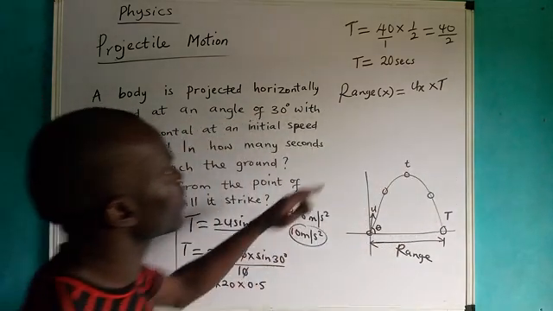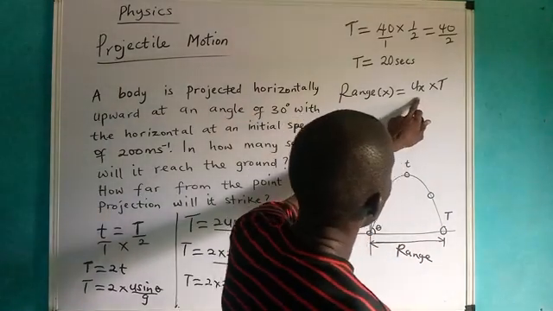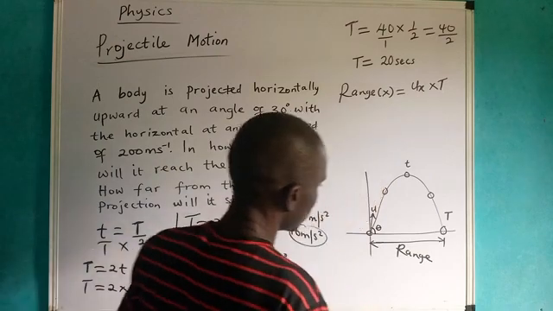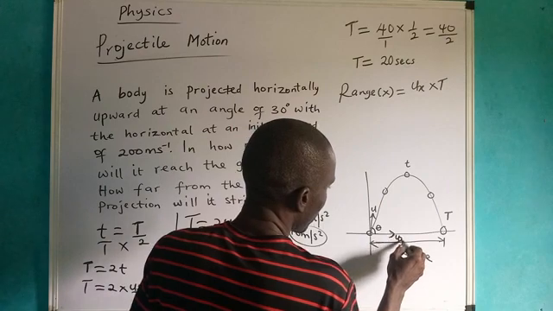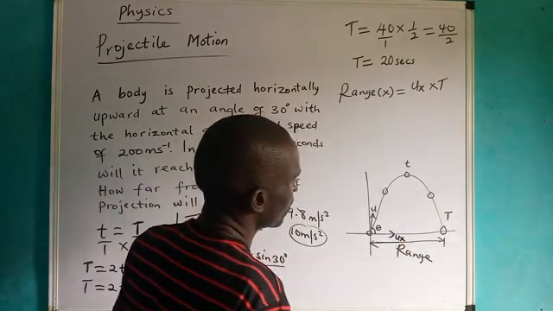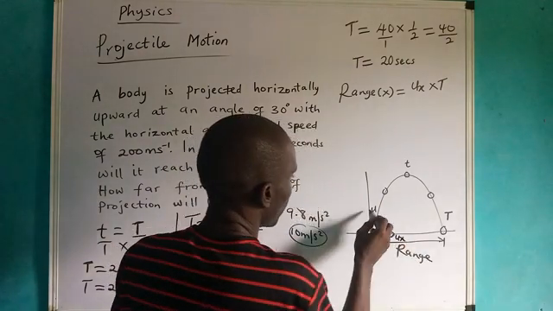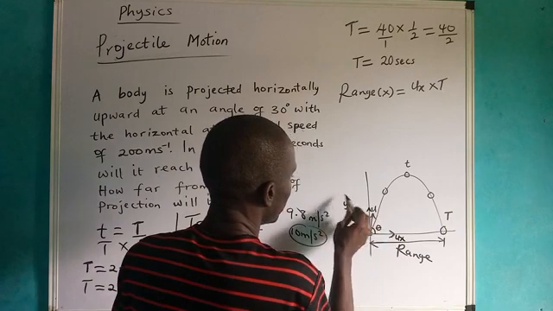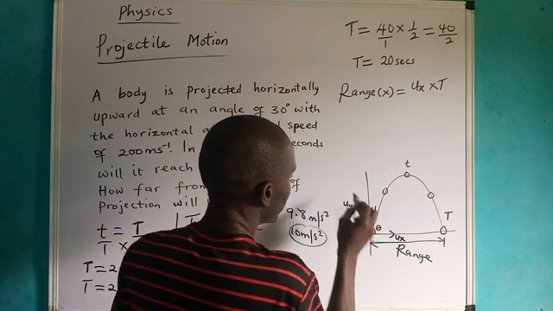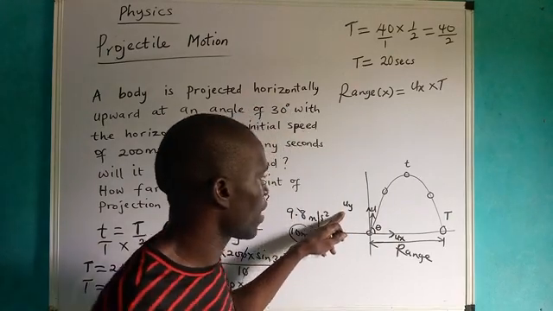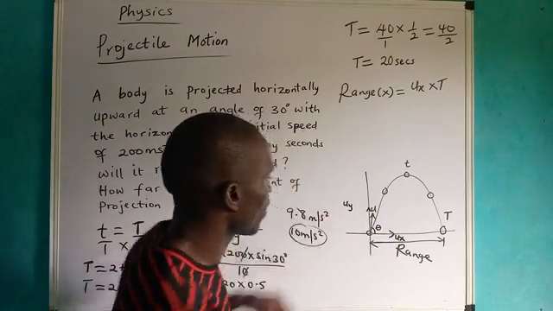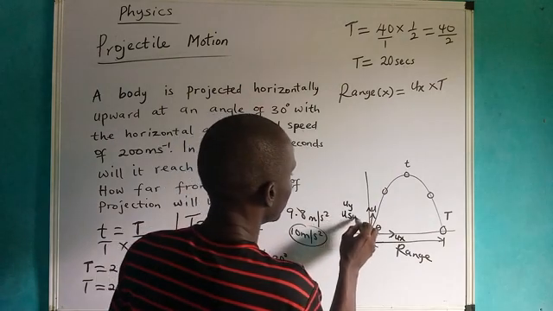For the initial velocity along the x direction, please don't forget this one here means the initial velocity along the x direction. While for this one, uy means the vertical velocity along the y direction, and it is u sine theta.